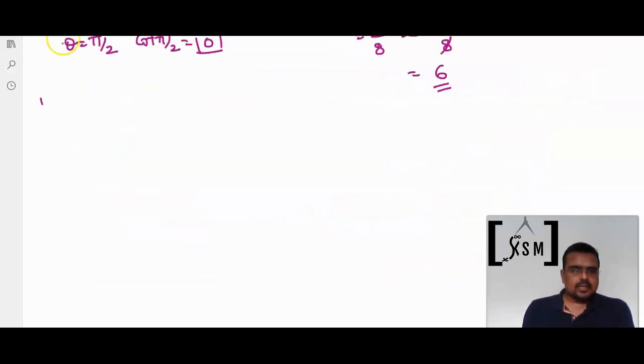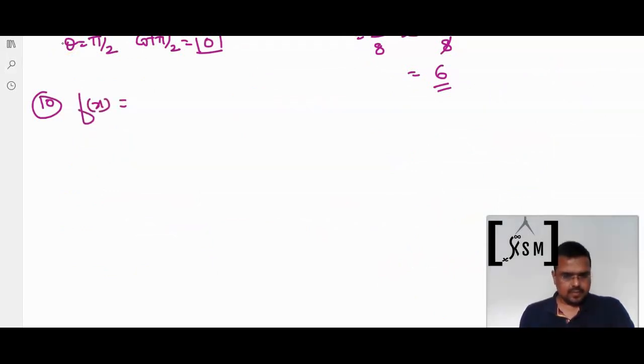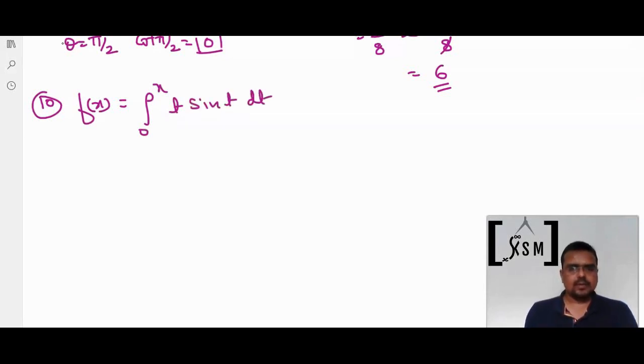Let's try the next question. Integration from 0 to x of t sine t dt, right? And we have to find f dash x. Basically we have to differentiate it, correct? Now we have always learned that differentiation and integration are the reverse process of each other, right? I'm right now discussing the first fundamental theorem.